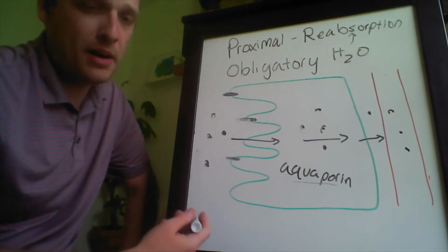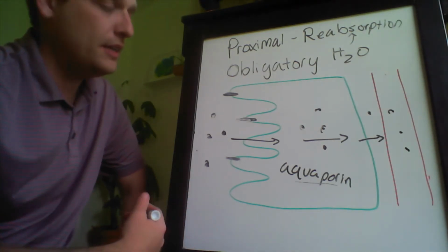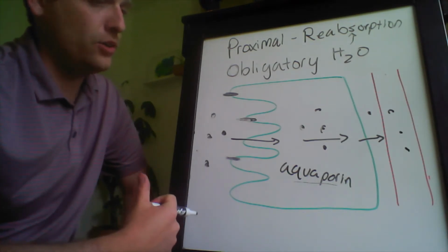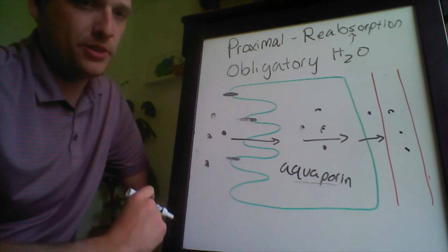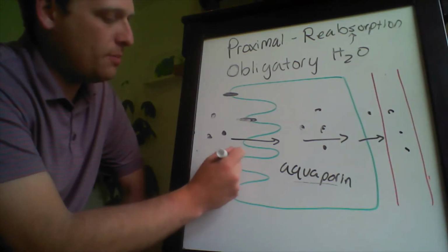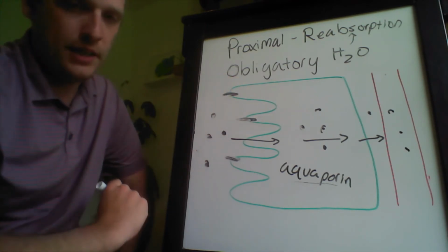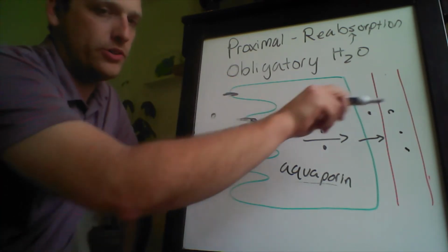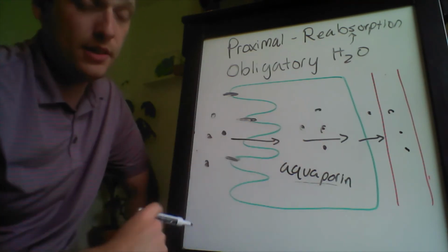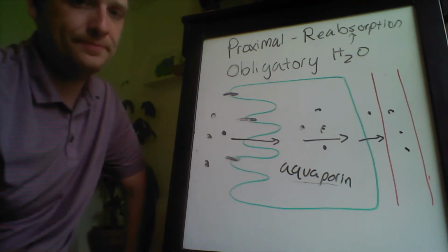So we'll talk more about aquaporins in terms of hormone regulated or facultative water reabsorption later. But in either case, aquaporins are channels in the protein that allow water to diffuse. And it's, again, going to follow the solutes that are being transported.